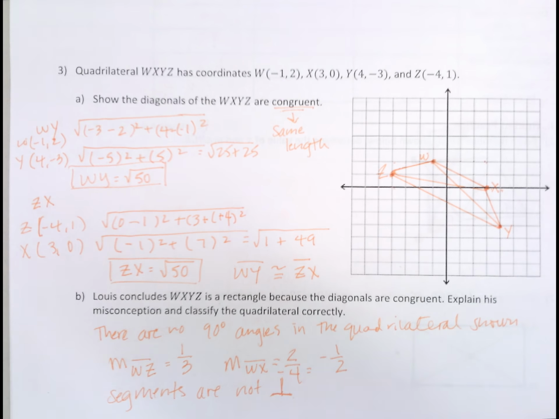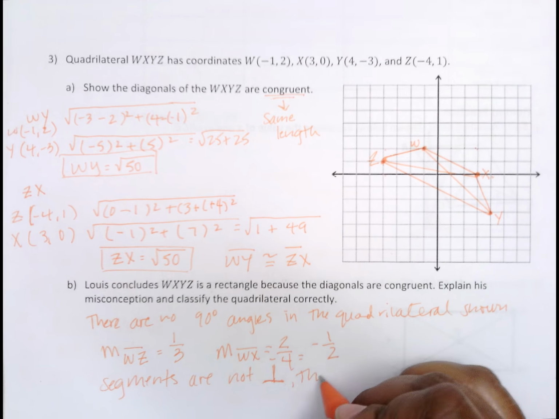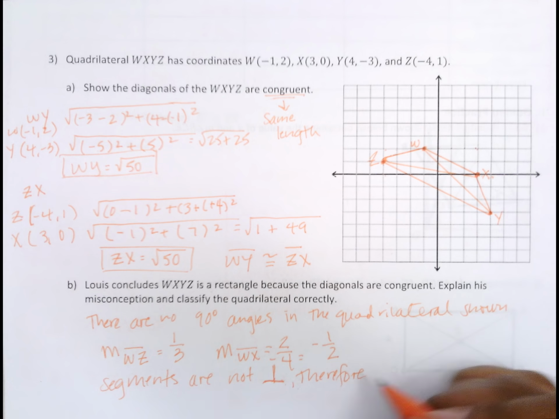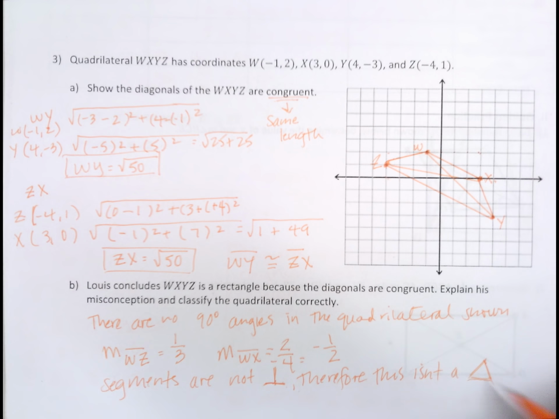But if we checked the slope of ZY, we could perhaps confirm. So segments are not perpendicular, therefore this is not a rectangle. This isn't a rectangle, but what type of figure is it?